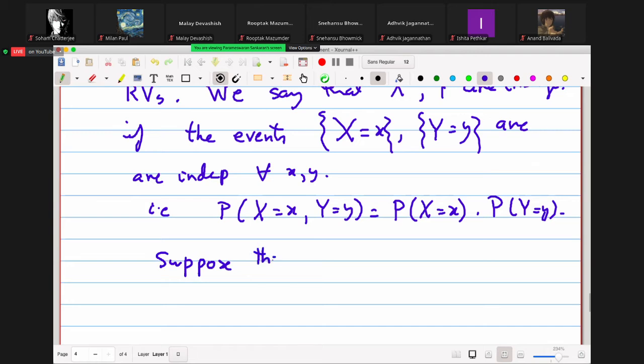You can even have infinitely many, no problem. Since we are discussing discrete random variables, maybe it is enough to consider only finitely many. Okay, doesn't matter. Suppose that x alpha, and j are discrete random variables.